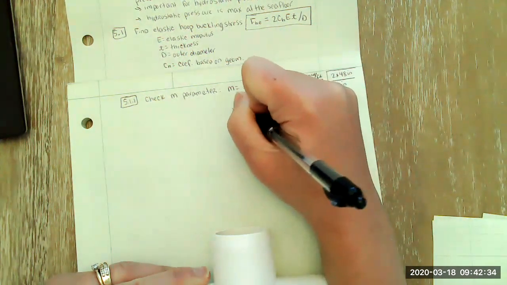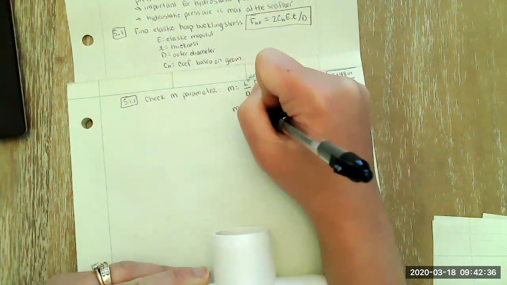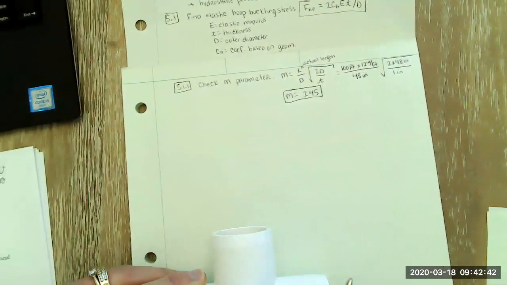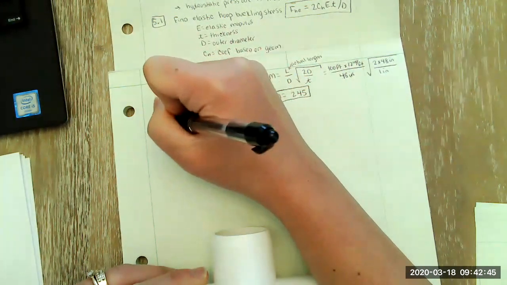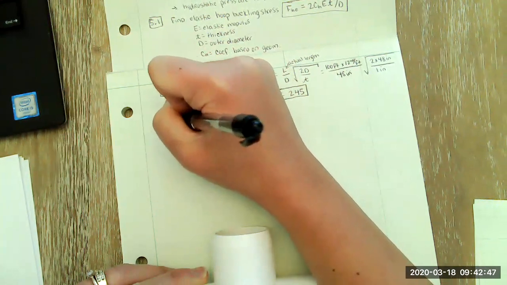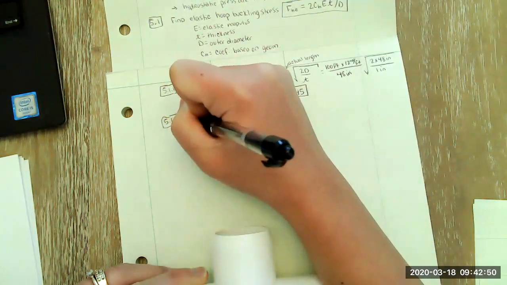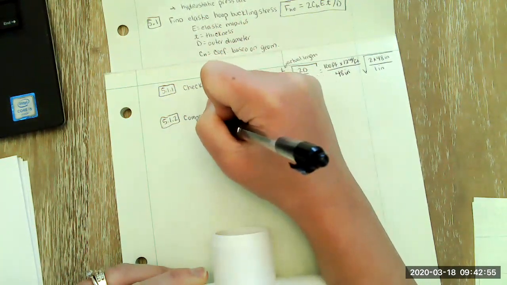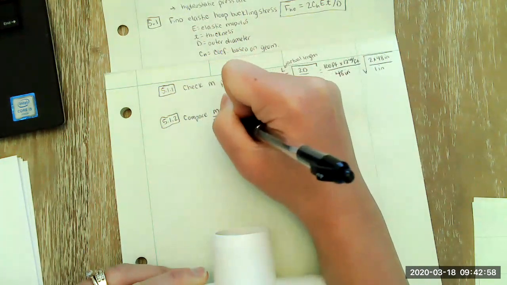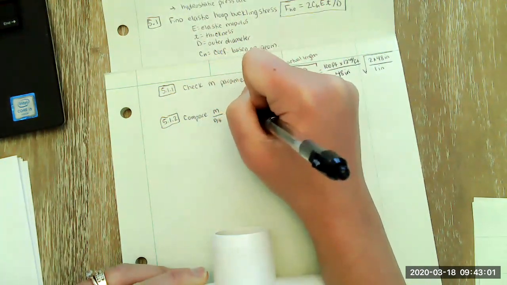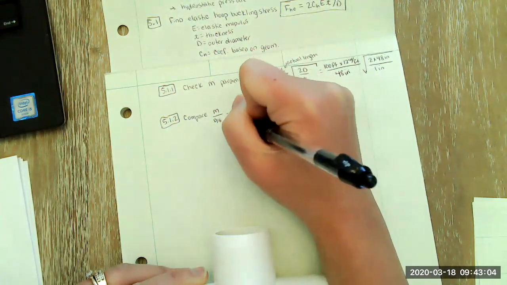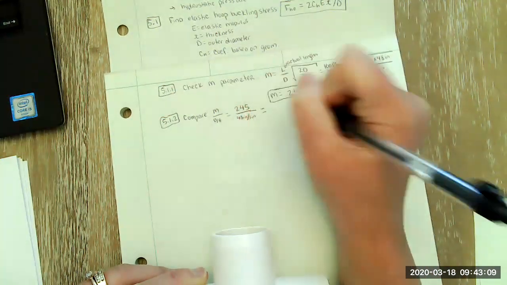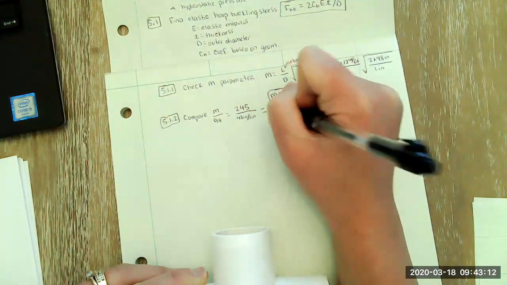And so I have m is equal to 245, unitless. The next thing I do is I compare m over d over t. So this is equal to 245, we found here, divided by 48 inches over 1 inch. So 245 over 48 is equal to 5.1.